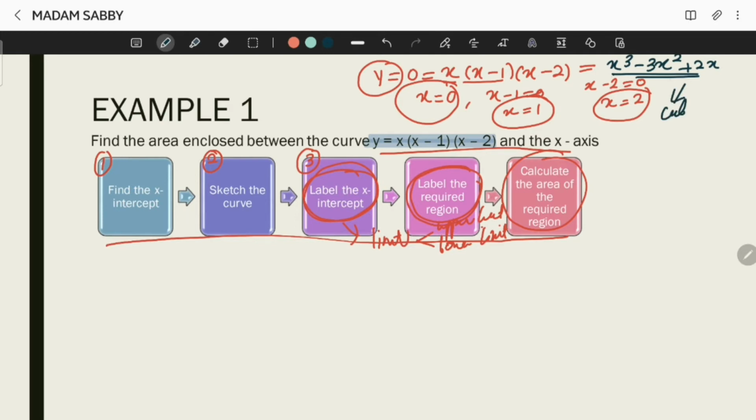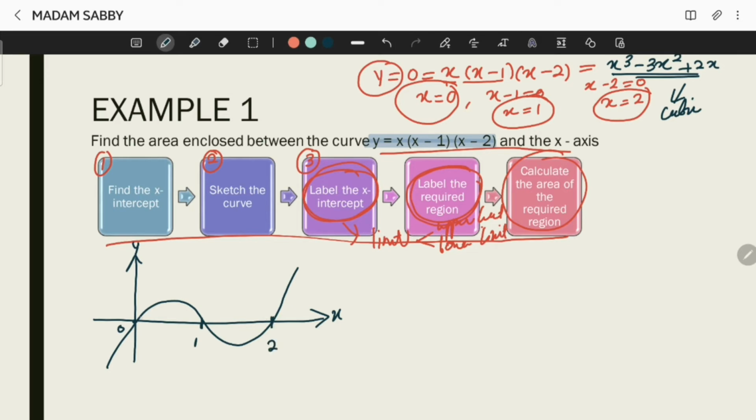It's a cubic function with a positive leading sign, so we'll have a positive cubic graph. Then let's draw the graph. This is your y-axis, this is your x-axis. It has 3 different x-intercepts, at x equals 0, 1, and 2.